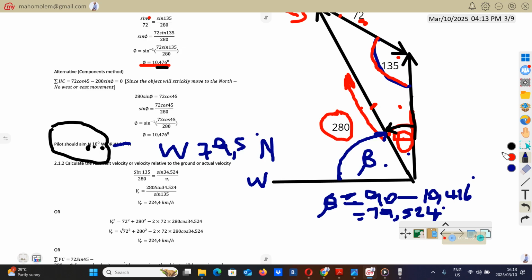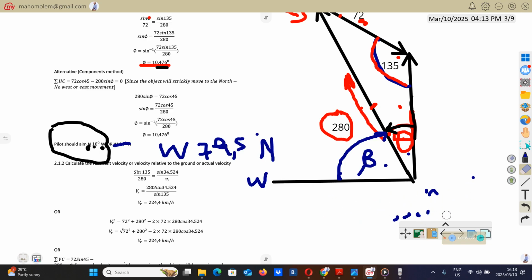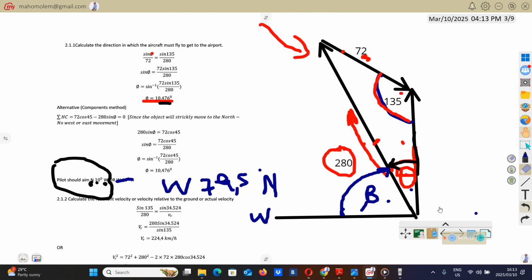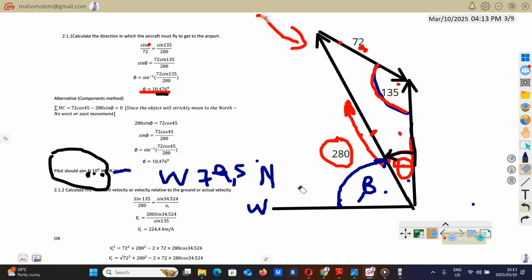Alternatively, you can calculate this direction by using the component method.